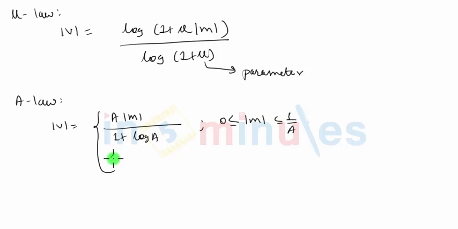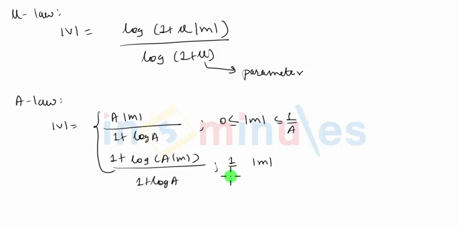And the output level will be (1 plus log of A|M|) divided by (1 plus log A). This will be the case when the normalized input values are between 1/A and 1. So that's the difference between the two definitions. Here A is the parameter which will control the amount of companding.